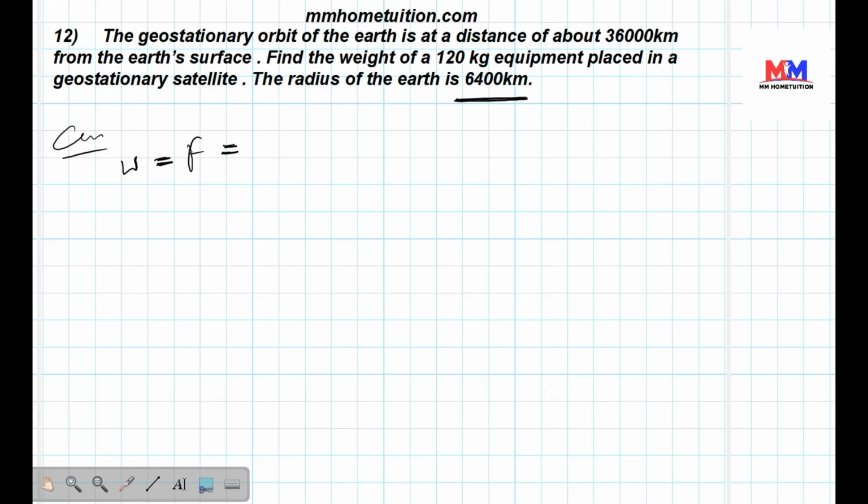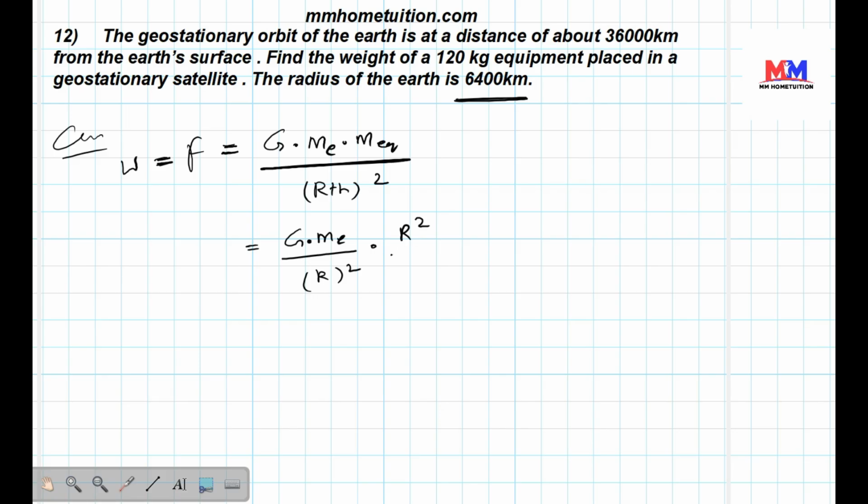So F equals W equals G into mass of Earth into mass of the equipment divided by R square, or R plus H whole square. So that equals G into mass of Earth divided by R square into R square divided by R plus H whole square into mass of the equipment.